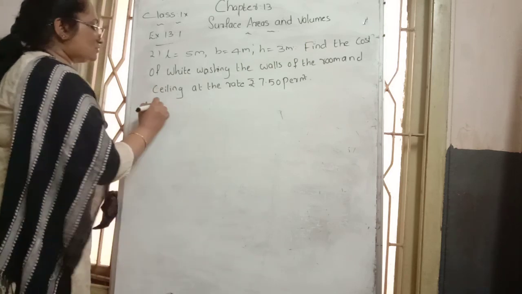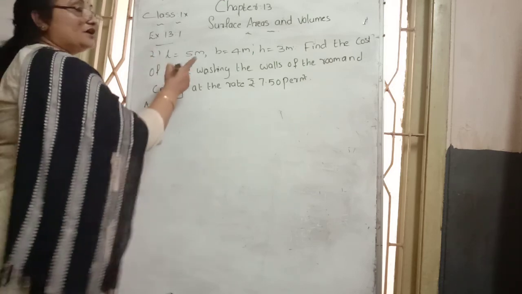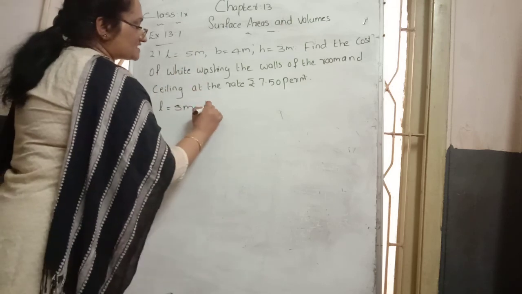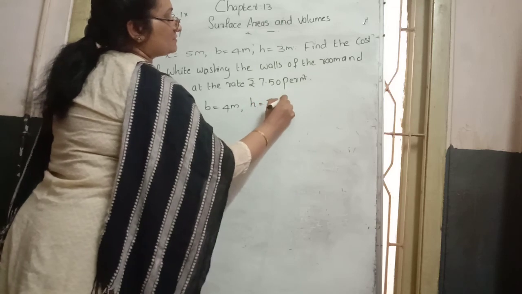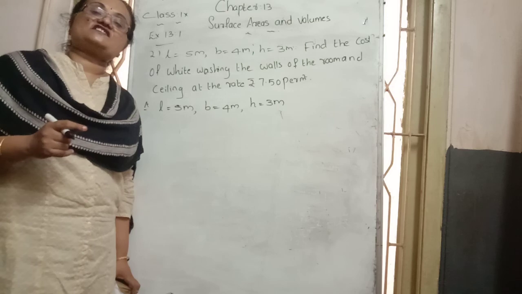So how to find out? We know in the start what information is given. The room length is 5 meter, the breadth of the room is 4 meter, and the height of the room is 3 meter. Next, which faces of the room do we consider?